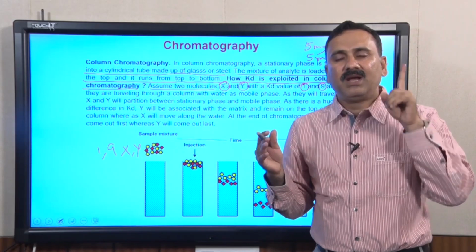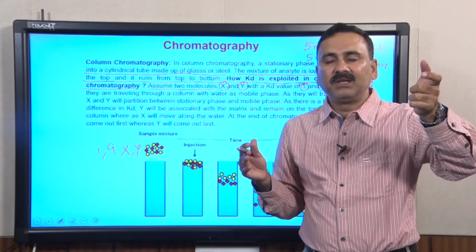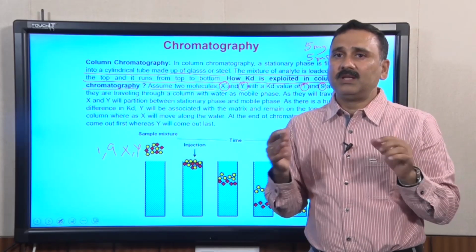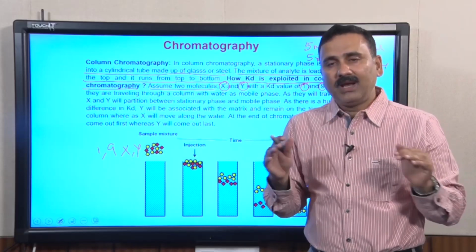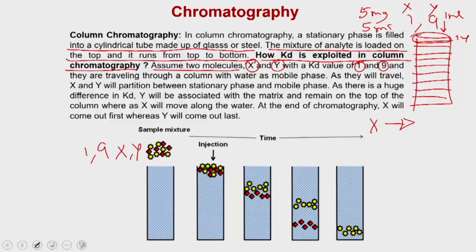A Kd value of 1 means that the concentration of material in the matrix versus the concentration of material in the aqueous phase is going to be equal at any distribution. This means in the first layer you are going to have 2.5 mg of X, and the 2.5 mg of X will go into the aqueous phase.